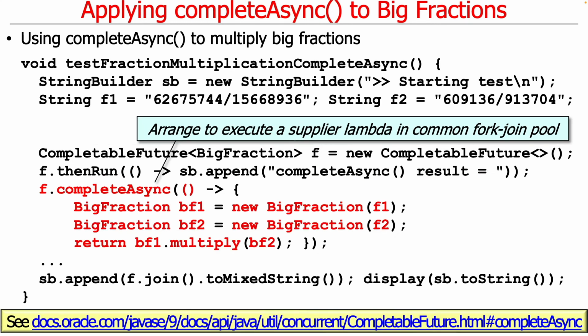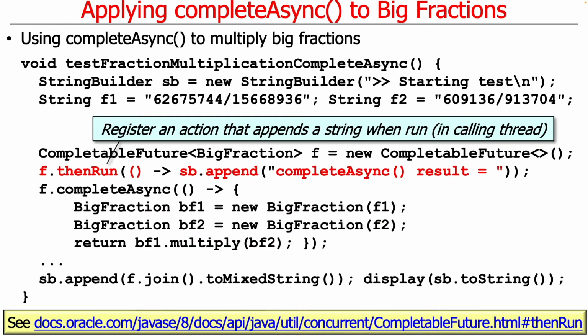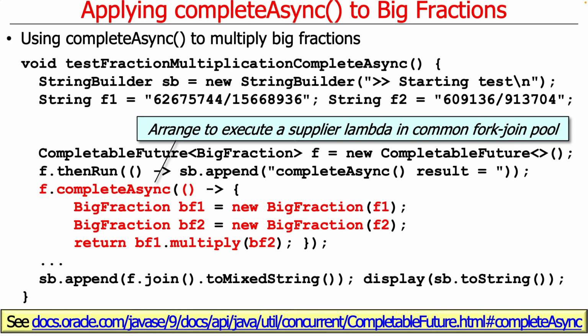We then use completeAsync on this CompletableFuture, which will trigger this thenRun call and then run the supplier lambda in the common fork-join pool. What we're going to do is multiply these 2 big fractions together in the common fork-join pool and return the result.